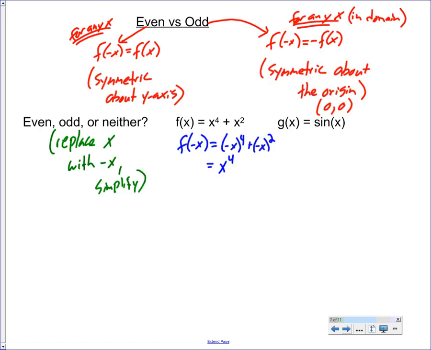So it'd be x to the fourth. Same thing, negative x squared: a squared number multiplied by itself is going to be positive. And we get the exact same thing we had originally. So f of x is the same as f of negative x, which means the function is even.